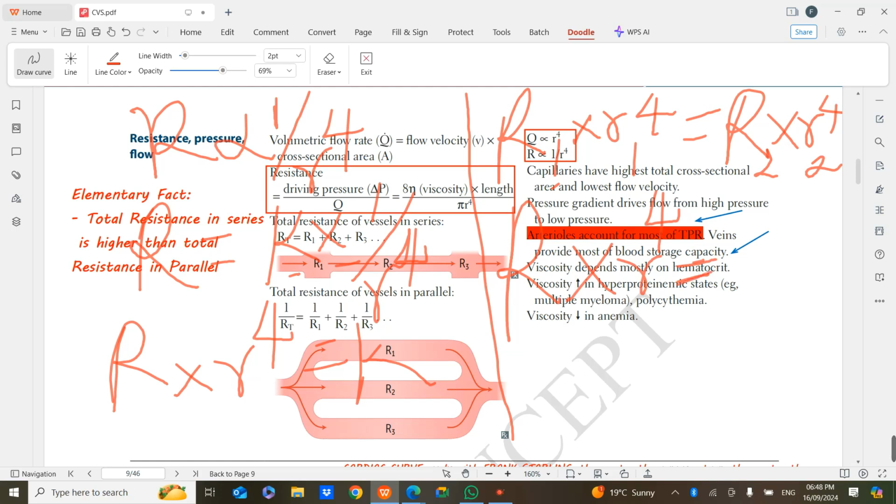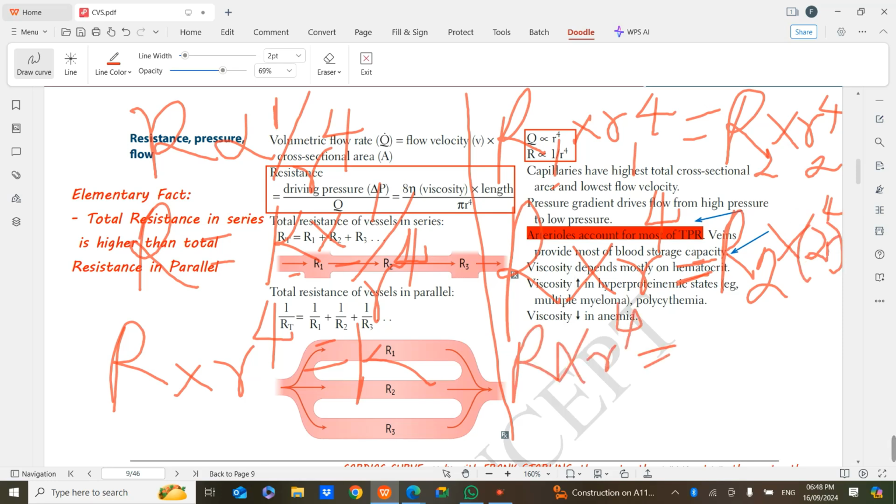My second resistance is R2, and my second radius is 2r raised to power 4. So this will now be R multiplied by small r raised to power 4 is equal to R2 multiplied by 2 raised to power 4, which is 16 multiplied by r raised to power 4.